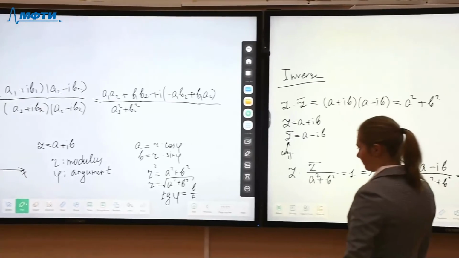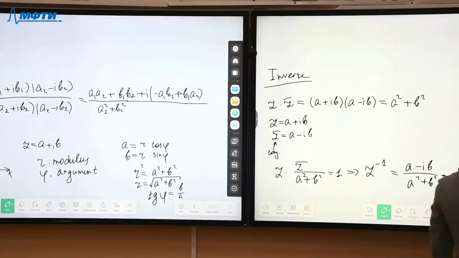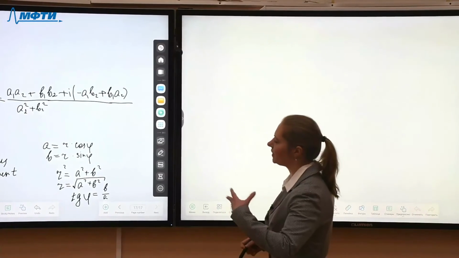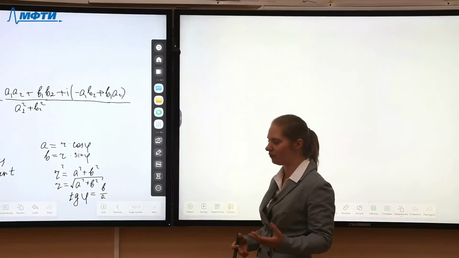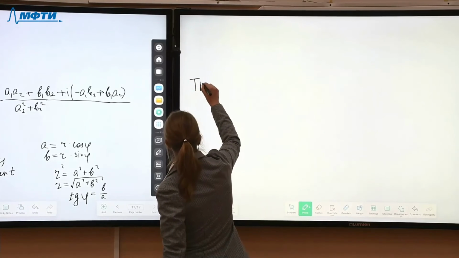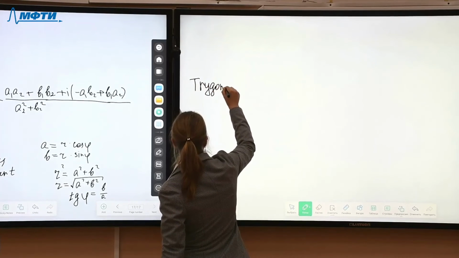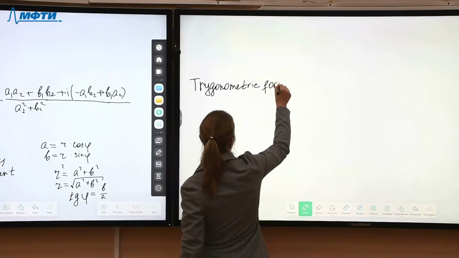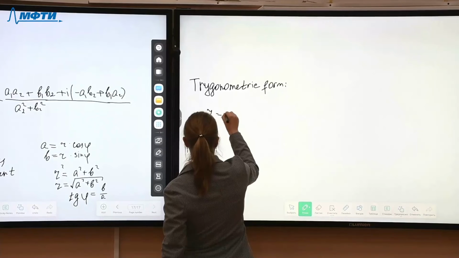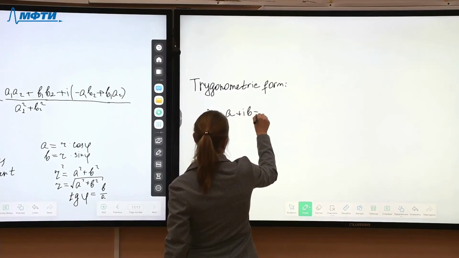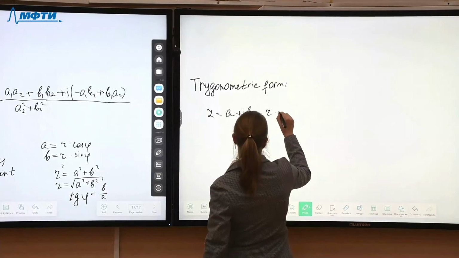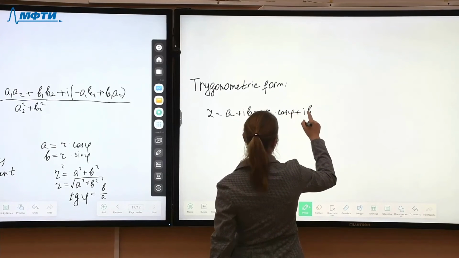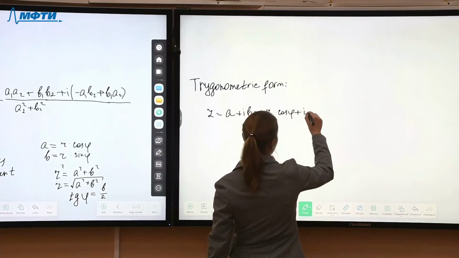Okay. So it means that we can represent our complex number in the so-called trigonometric form. That is a plus ib, but a is r times cosine phi, and b is r times sine phi.